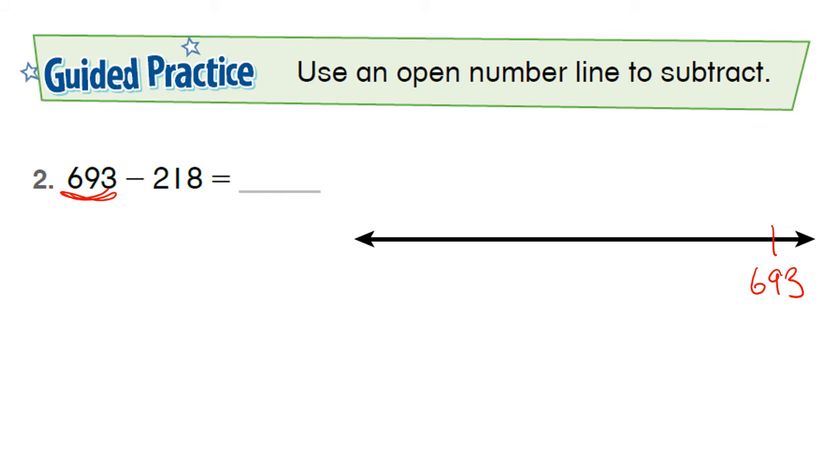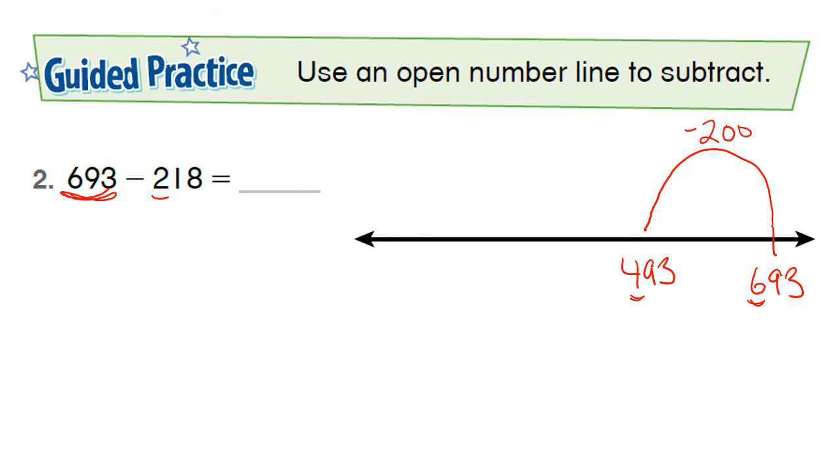So we're going to start with the hundreds, and we are going to subtract 200. So 693 minus 200 is 493. Notice the only place value that changes is the hundreds place value. 600s minus 200s equals 400s.